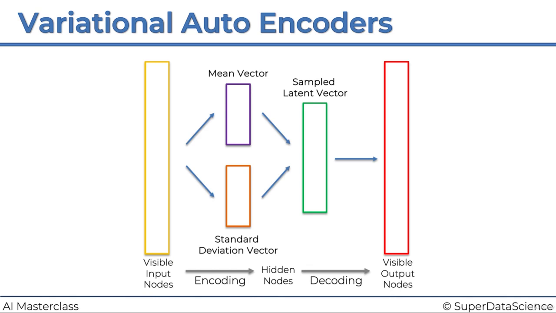Once you know how autoencoders work, the step towards variational autoencoders is very simple. Effectively, instead of mapping onto a latent vector straight away, we're mapping onto a mean vector and a standard deviation vector, then we're sampling the latent vector, and in essence, we're mapping our inputs onto a distribution from which we sample in order to then proceed with the decoding.